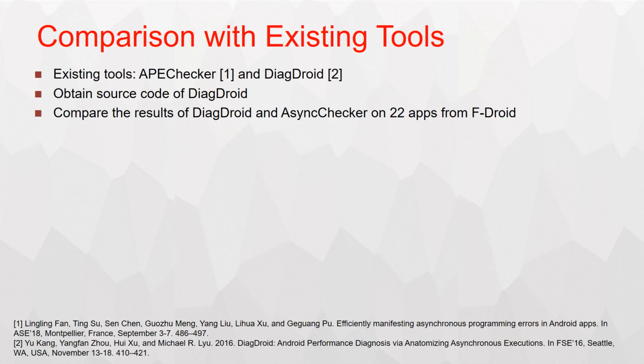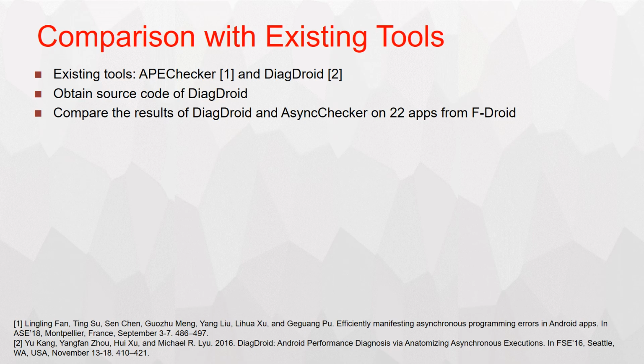Let's come to the third question. Compared with existing tools, how does Async Checker perform? Here we consider 2 existing works, AP Checker and DiagDroid. AP Checker combines static analysis and dynamic GUI exploration. DiagDroid is based on instrumentation and random testing.